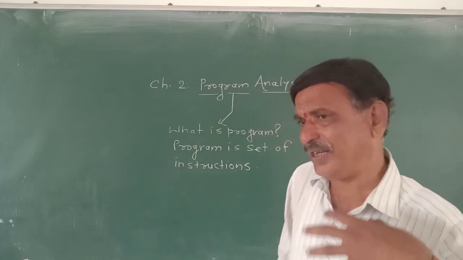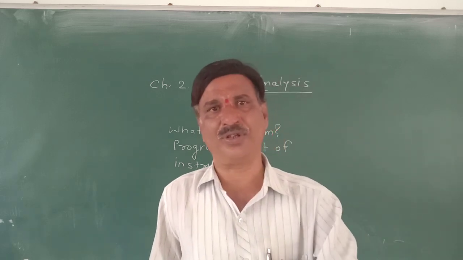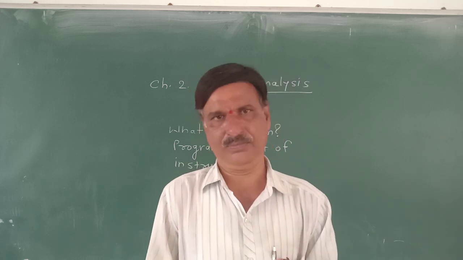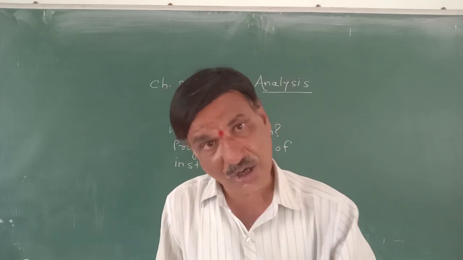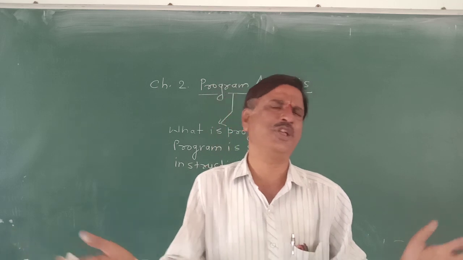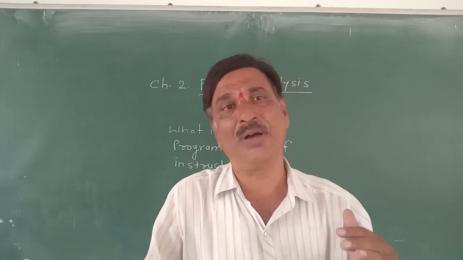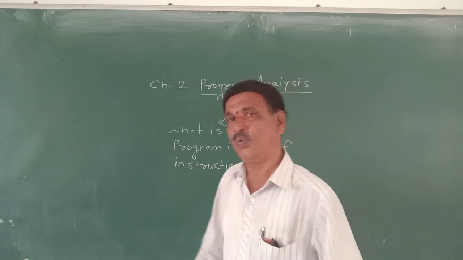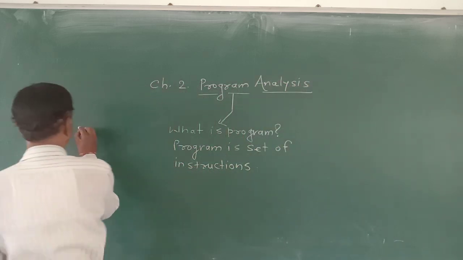Now, when the same problem is to be solved by a computer system, we have to instruct the computer, because computer is a machine. It doesn't know what the area of a circle is. So, we give the instruction to the computer like this.